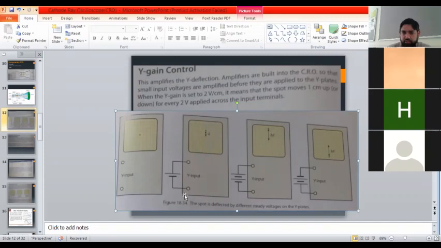So in the first diagram, we connected a cell to the Y input, Y terminals, Y plates, dot has moved up. If we connect two cells or more than one cells to the Y input, it means we increase the potential. So deflection of that dot has increased. Now it has moved higher from the center of the screen.